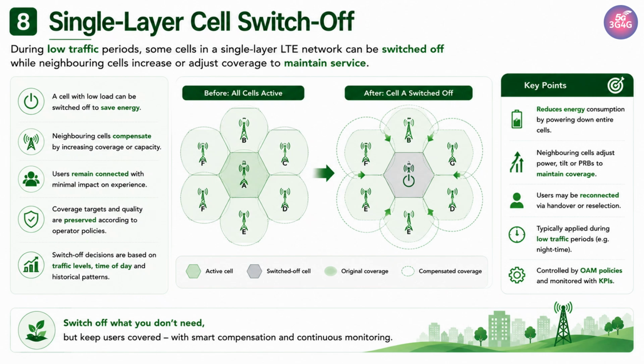The key message is switch off what you do not need but keep users covered. Single layer cell switch off demonstrates one of the main LTE energy saving principles. Reduce the number of active cells when traffic is low, but use neighboring cells to preserve service.